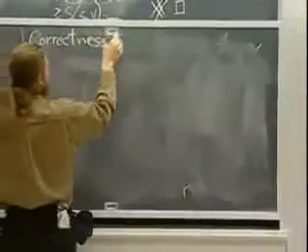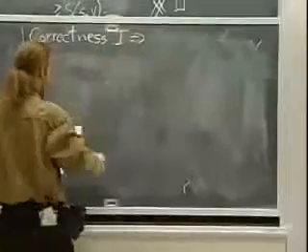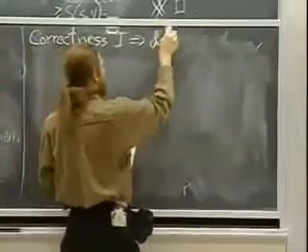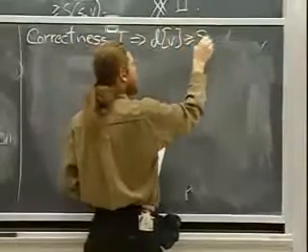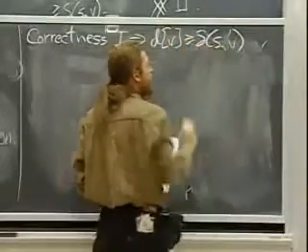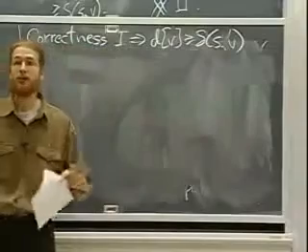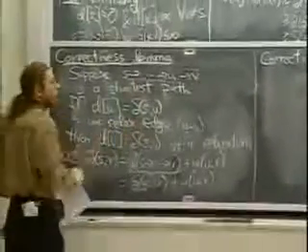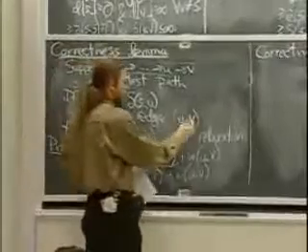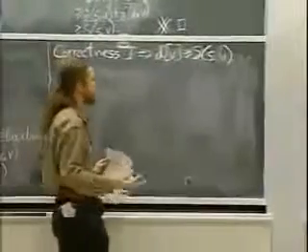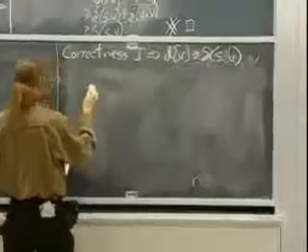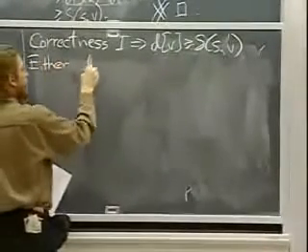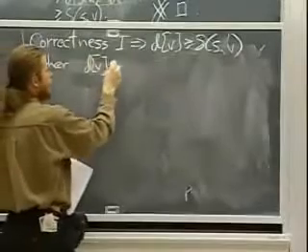There are a few cases, and this will eliminate some of them. By correctness 1, we know that d of v is greater than or equal to delta of s comma v, so it's either equal or greater at all times. I'm thinking about the time before we do the relaxation of u comma v. At that point this is certainly true, so either they're equal before relaxation, or it's greater.